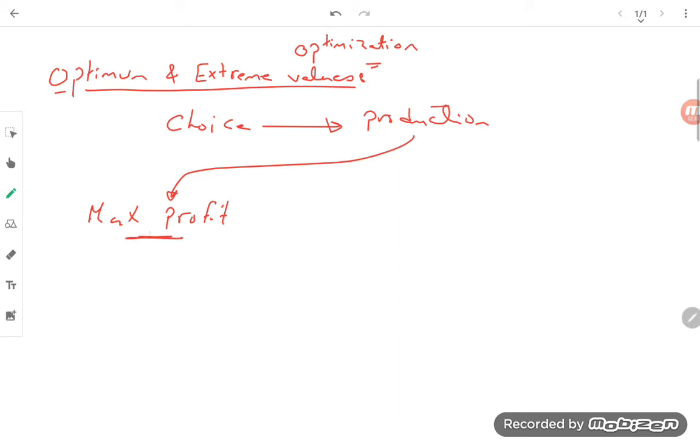So we would like to maximize something, anything, okay? Or minimize cost. So the most common way to make any choice is to maximize something or minimize another.